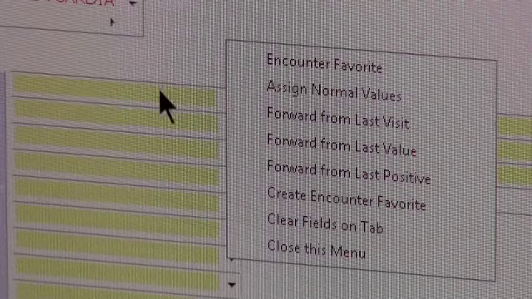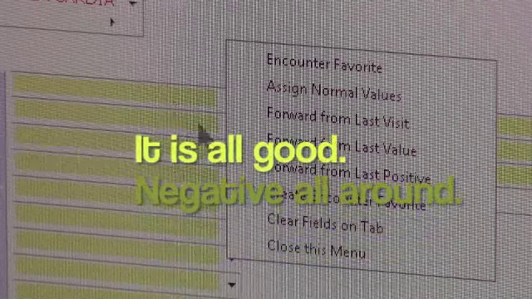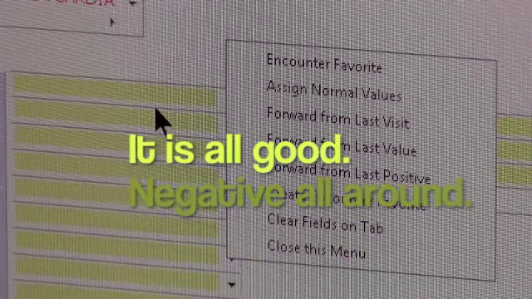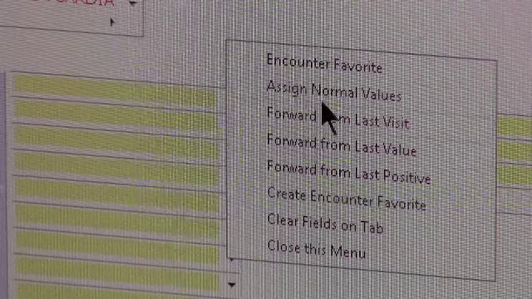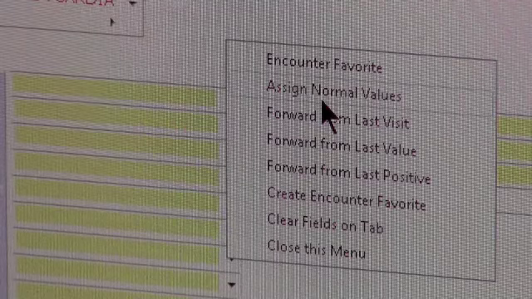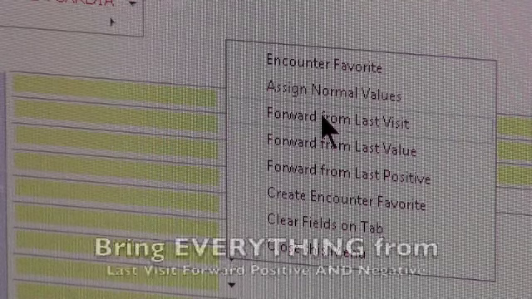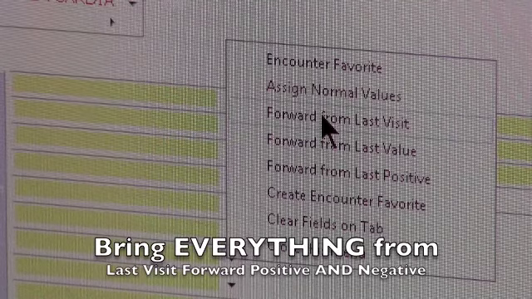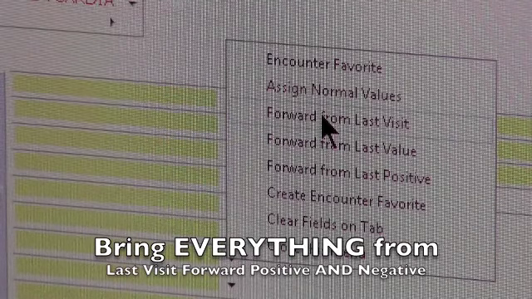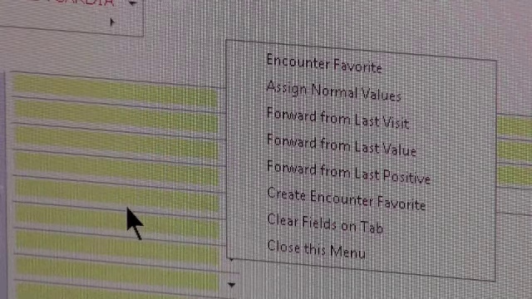What that does is says put everything in here, in the whole screen, normal. So you'll use this a lot. Assign normal values to everything. Forward from last visit. What that means is whatever was on the previous exam record, bring that forward and add it to this record.